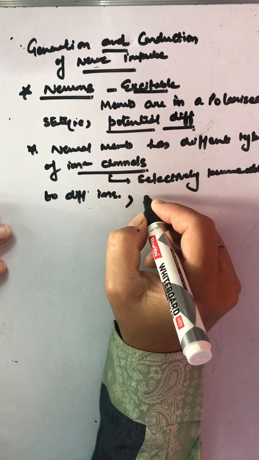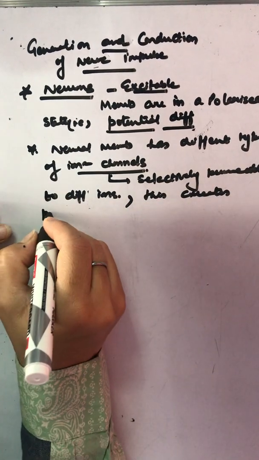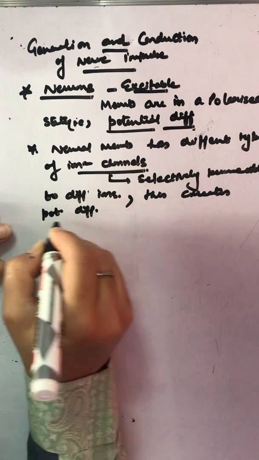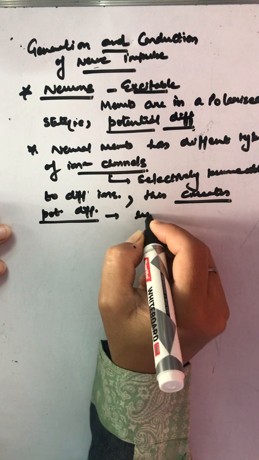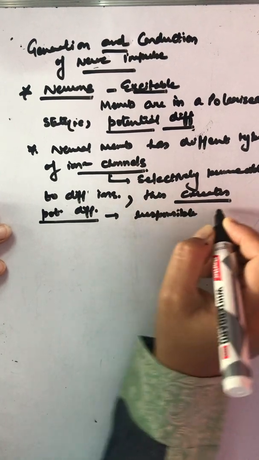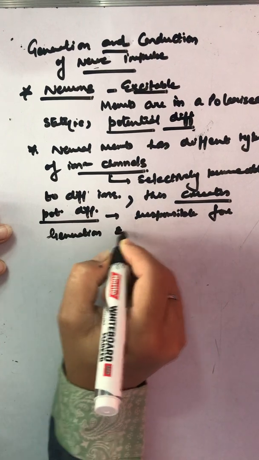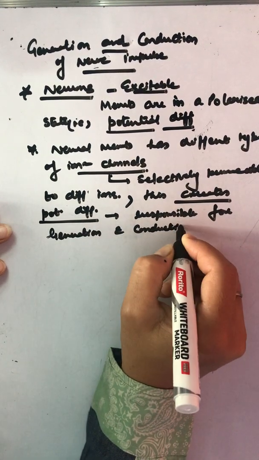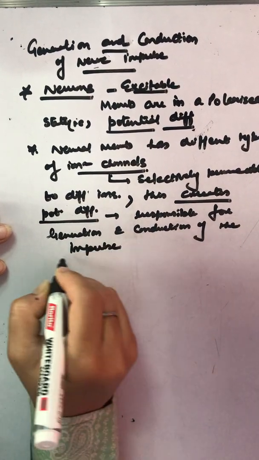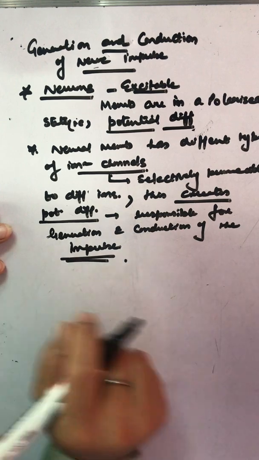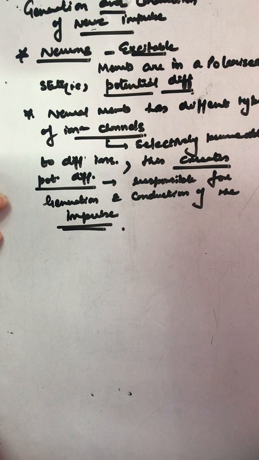That's why it creates a potential difference. And this difference in the potential is responsible for the generation and conduction of the impulse. It's a very, very important topic. It is very interesting and very important, you just have to understand it well.